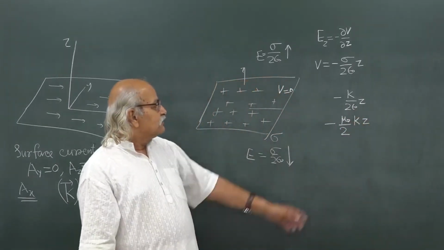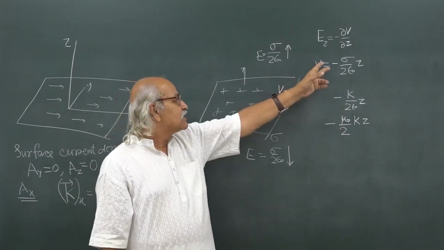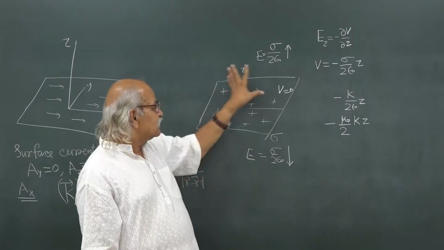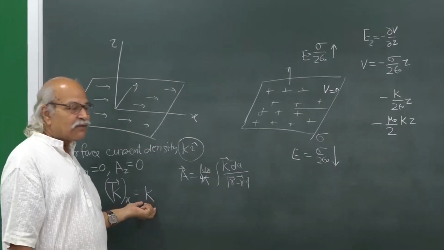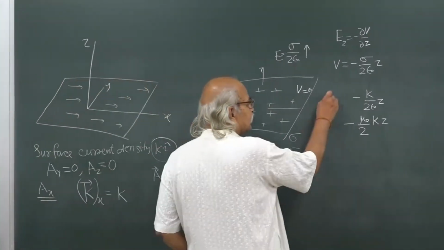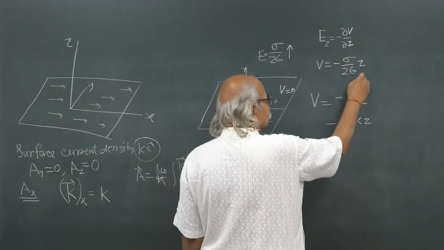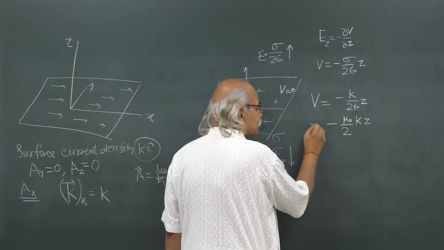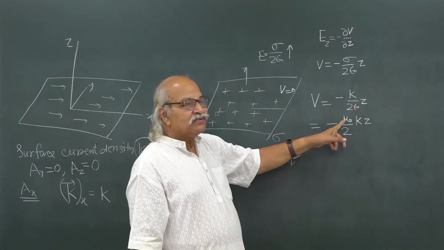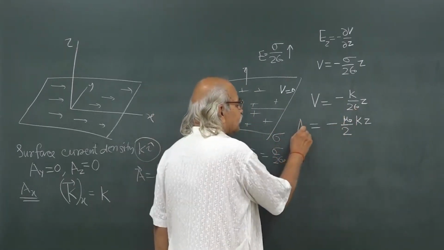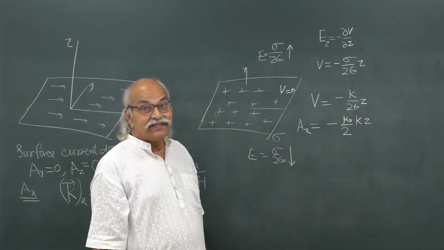What I have done is first calculated the electric potential assuming that you have a surface charge density k. So, from there we wrote the potential, surface charge density sigma, k by 2 epsilon naught z, and then we replaced 1 by epsilon naught by mu naught, and I have gotten our Ax, and Ay and Az are anyway 0.